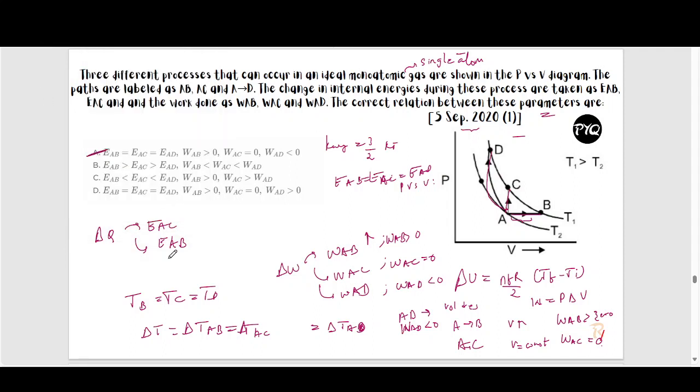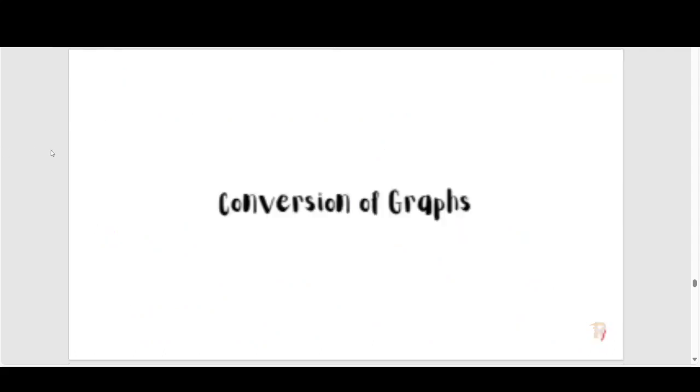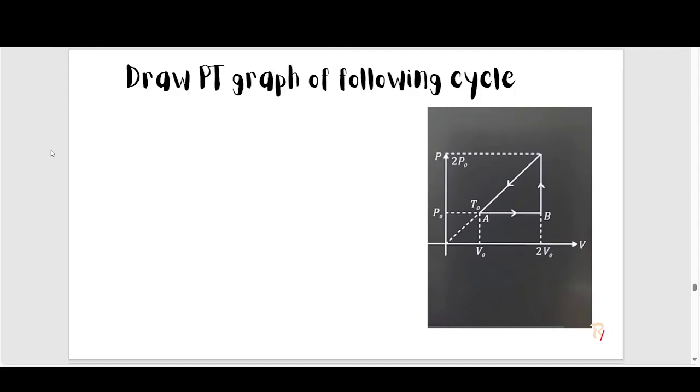Okay, like this we have to understand the graph. Let us take conversions of graphs. Let me take a graph similar to this.